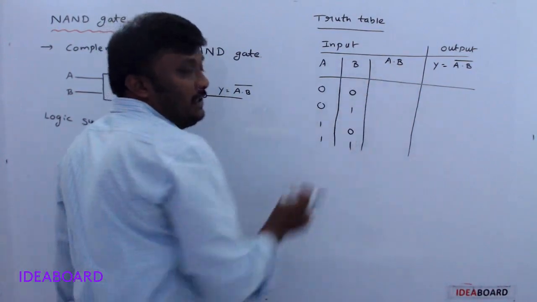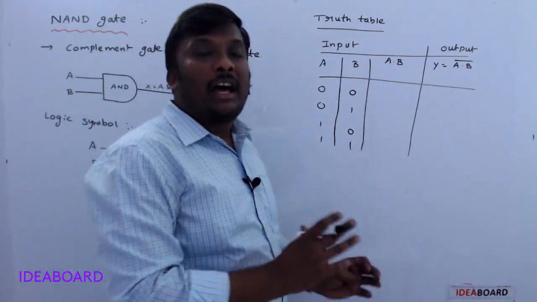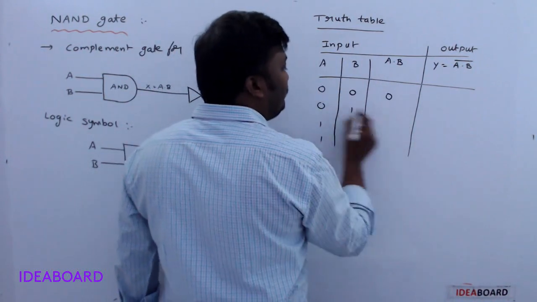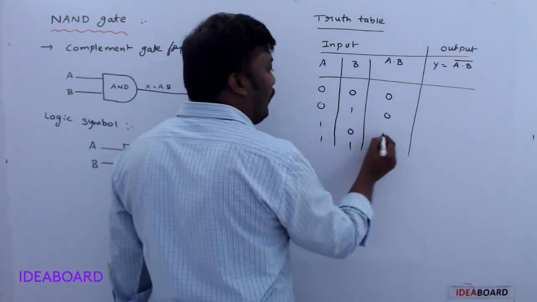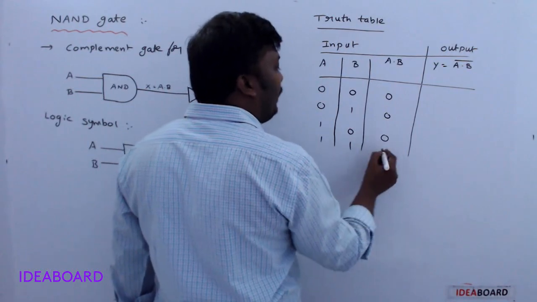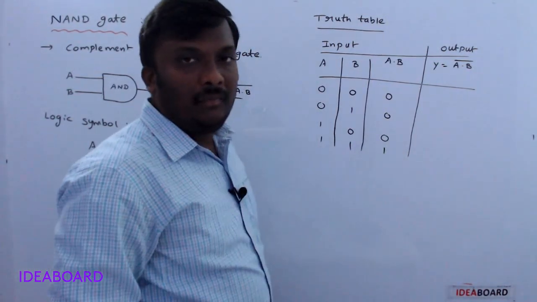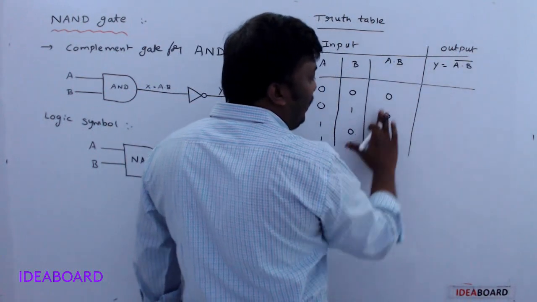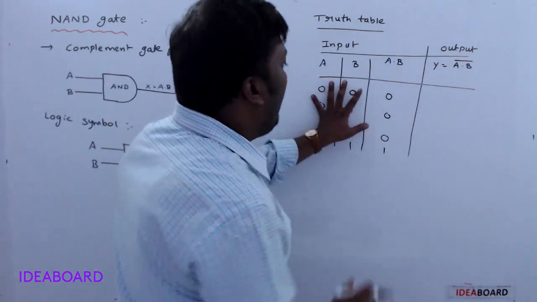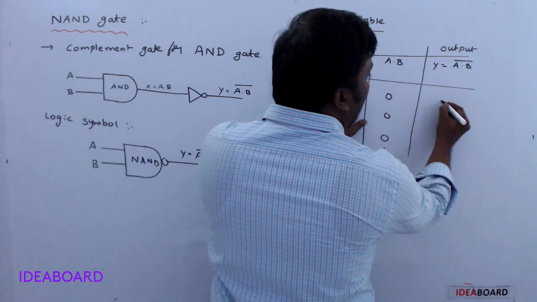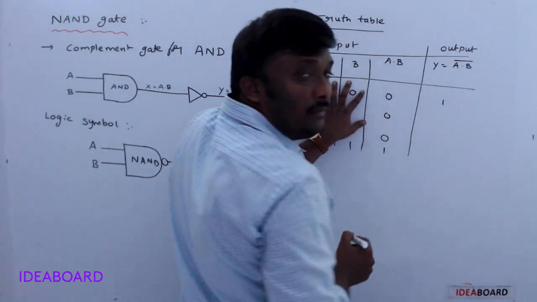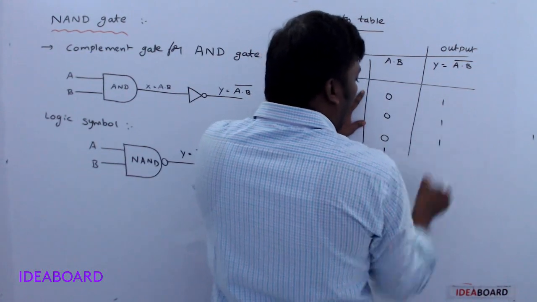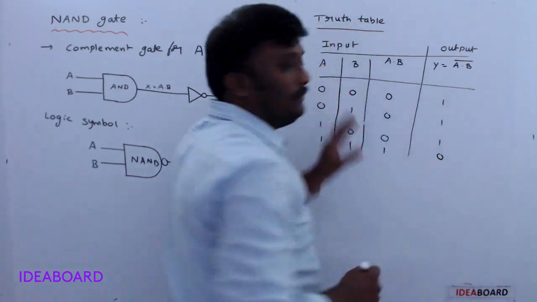And the function of AND is just normal multiplication. 0 into 0 is 0, 0 into 1 is 0, 1 into 0 is 0, 1 into 1 is 1. Okay. Now, what is the output? The complement of these values. The complement of 0 is 1, right? 0 complement 1, 1 complement 0.